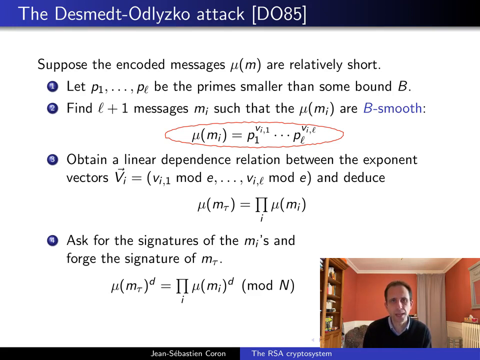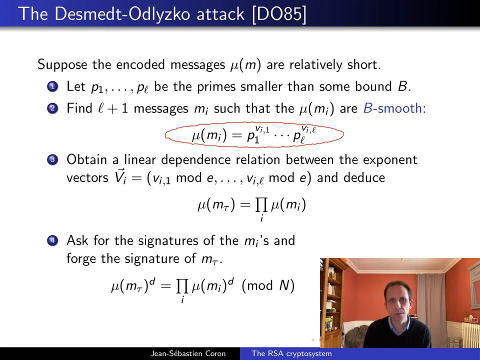And then the second step is to obtain a linear dependence relation between the exponent vectors. So for each mu of mi, we write the corresponding vector of exponents, vi1 modulo e to viL modulo e. So we consider these exponents modulo e, the public exponent, only. And then we try to obtain a linear dependence between these vectors.